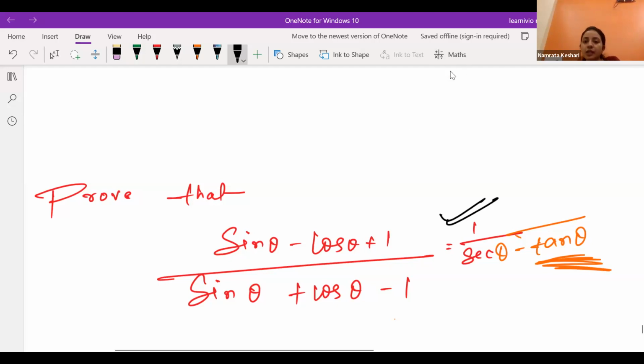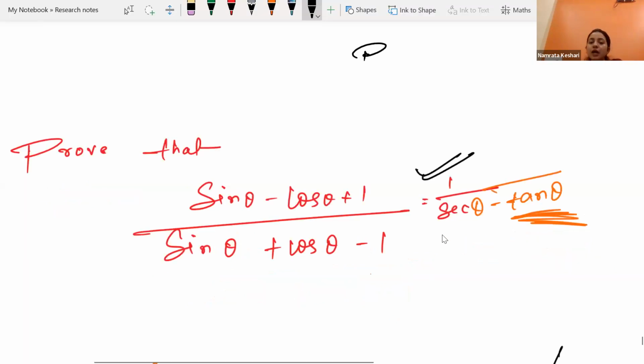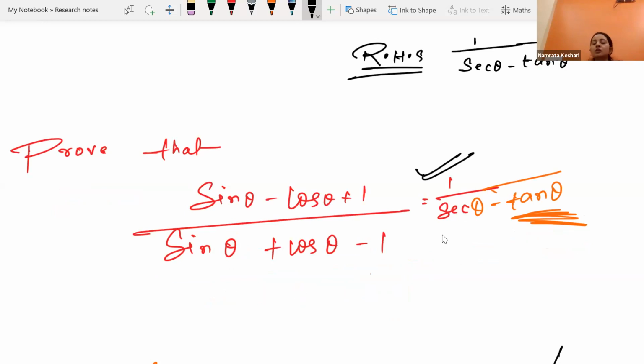So think about it. If we take the right hand side, that is 1 by sec theta minus tan theta, and apply the logic of rationalization, where a minus b structure is there in the denominator, we multiply numerator and denominator with a plus b.